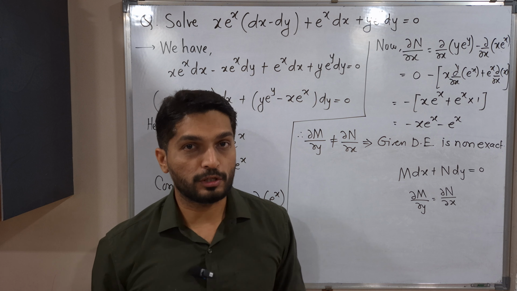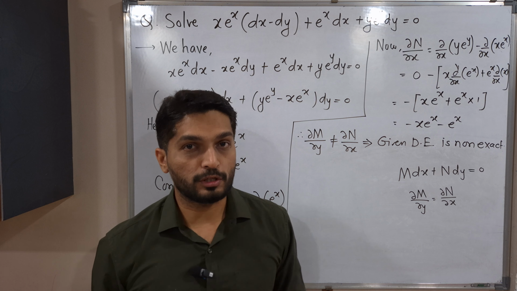And rule number 4 is applicable if the given differential equation is homogeneous, that means the power of each term is the same. I always suggest you go for rule number 3 and 4 first, because it is quite easy to check. Otherwise, in case of rule number 1 and 2, we need to solve, we need to give some time for it. Then we will realize whether that rule is applicable or not. So always go for rule number 3 and 4 first.